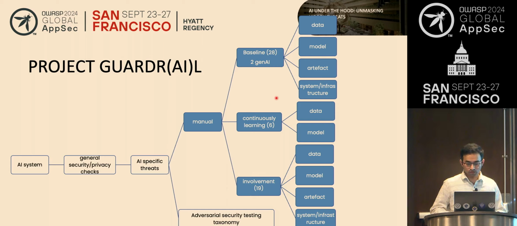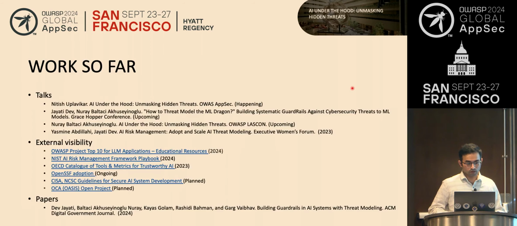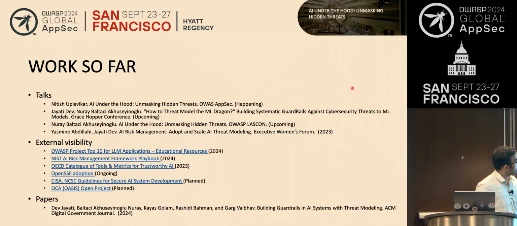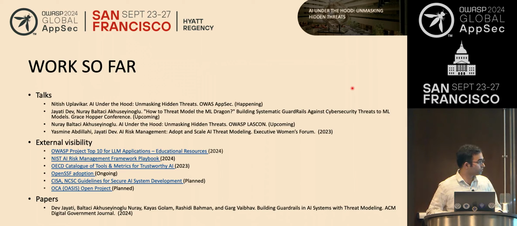So the work done so far is that right now we have this talk ongoing, and two of my colleagues who are responsible for this research will present at the Grace Hopper conference, and we also plan to present at LASCON. We also got some external visibility.